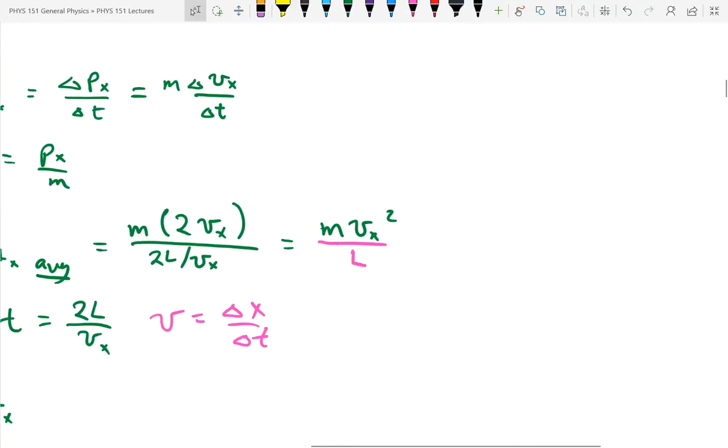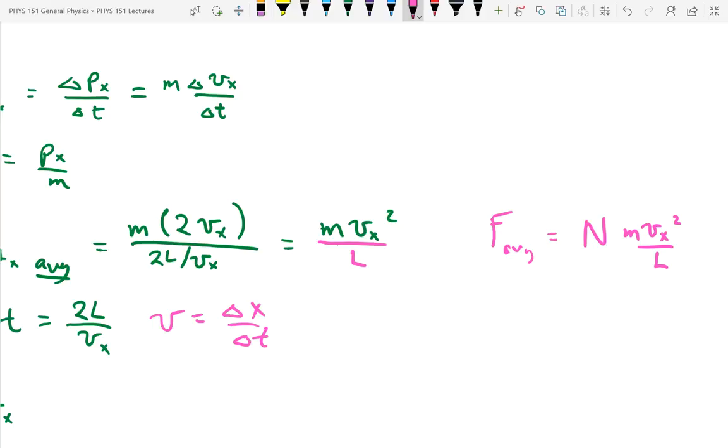So if I have n particles, the average force is equal to the number of particles times this. So that's my average force for having a bunch of particles.